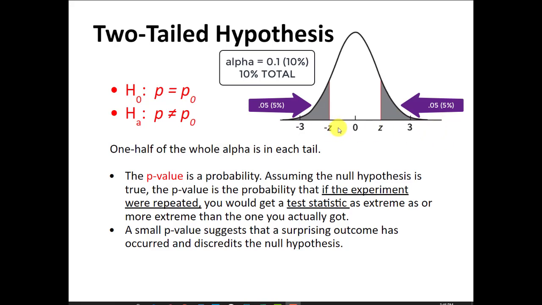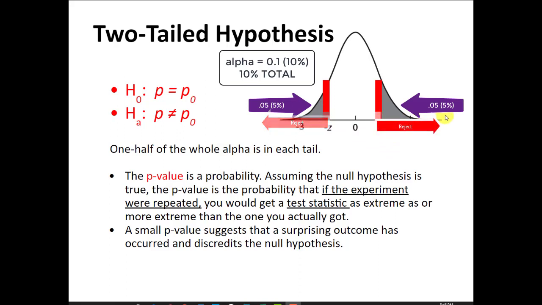I have my Z-crit, which is this red line right here. My Z-crit is going to mark the Z-score that corresponds with my alpha, so that I know that everything that's less than my negative Z-crit and everything that's more than my positive Z-crit is going to mark my areas of rejection. So anything from here down is going to get rejected.